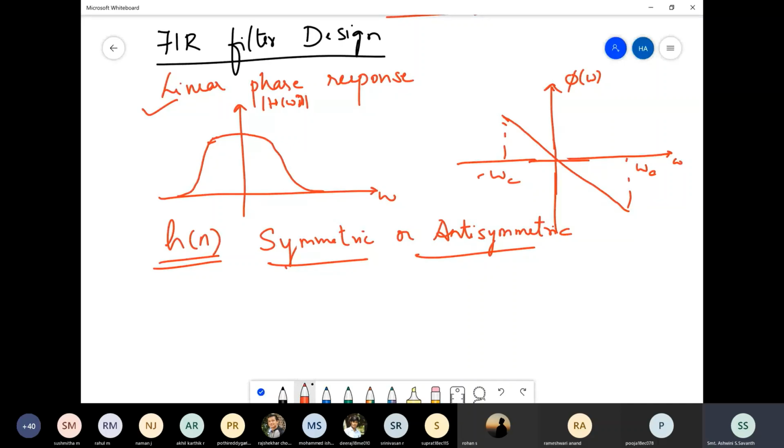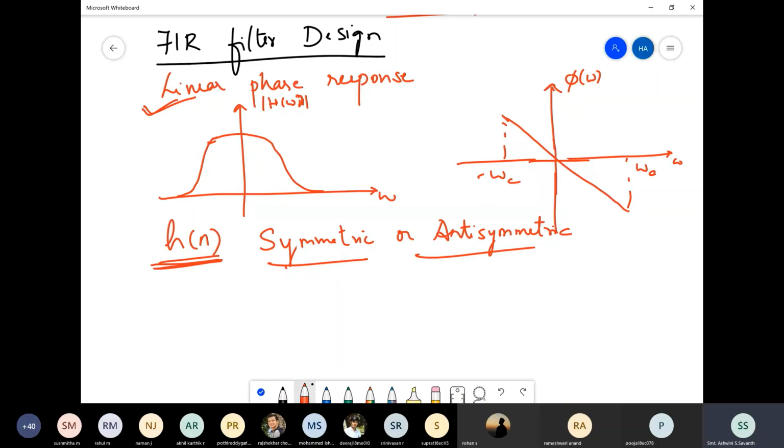You have signals which don't fall into this category also. So those signals which are either symmetric or anti-symmetric, that is the impulse response. If it is symmetric or anti-symmetric, then automatically the linear phase response characteristic is going to be satisfied. So that's an important property of an FIR filter.